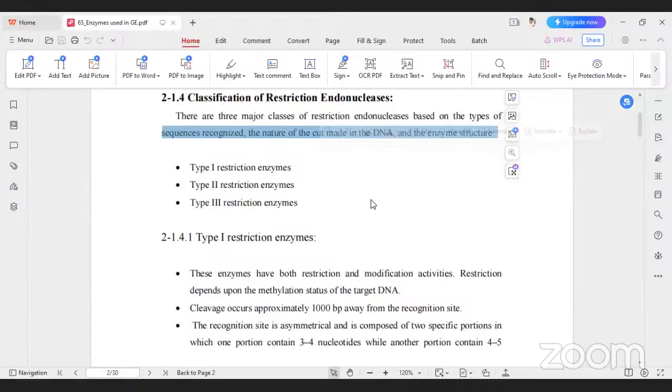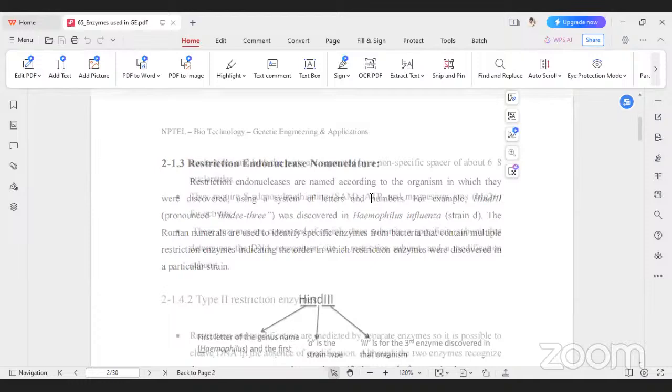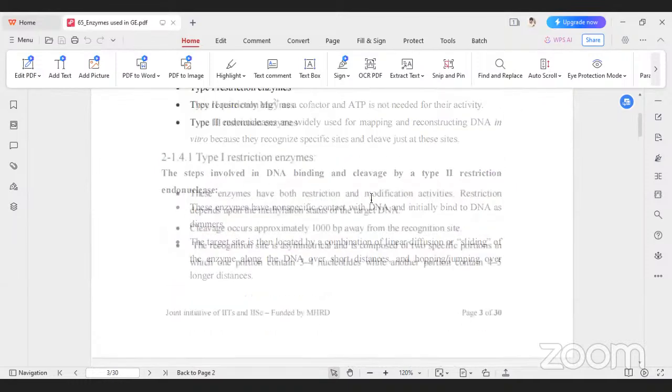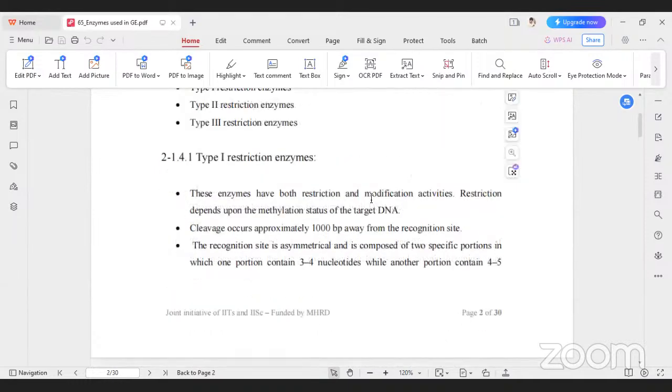Restriction type 1, type 2 endonucleases, and type 3. First, let's see the type 1 endonucleases. So type 1, this is important here.